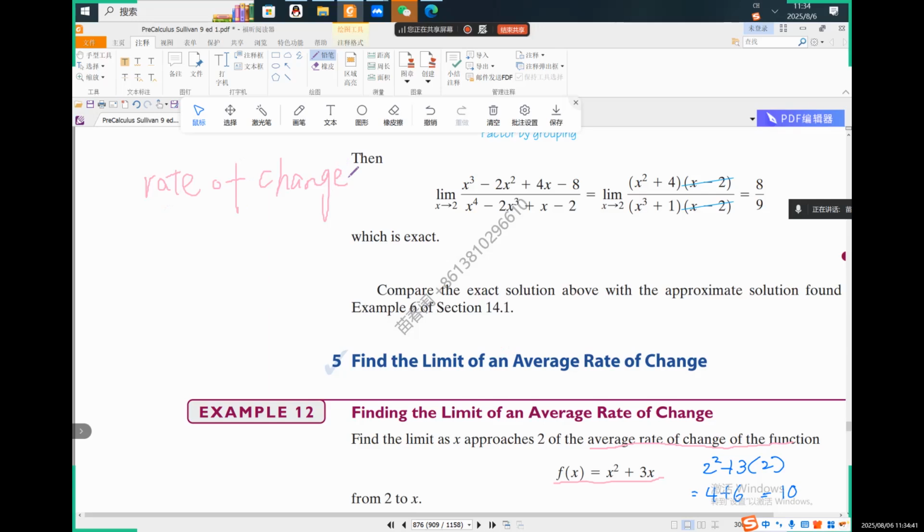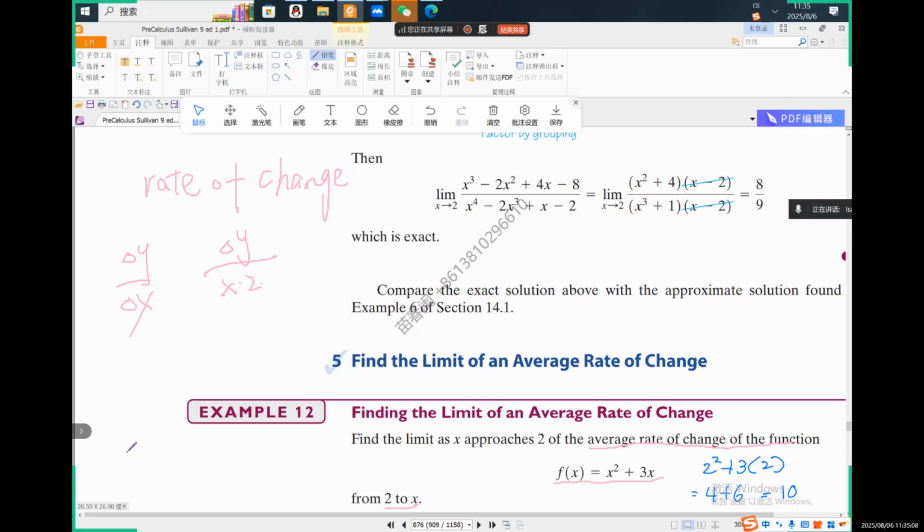The rate of change is just the change in y from 2 to x, or x minus 2. This is delta y over delta x. Whenever you hear rate of change, it's basically the slope, delta y over delta x.